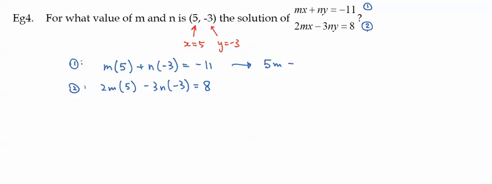Tidy things up a little bit. We have 5m minus 3n equals negative 11. And for the second equation, 2m times 5, or 2 times m times 5, 10m.